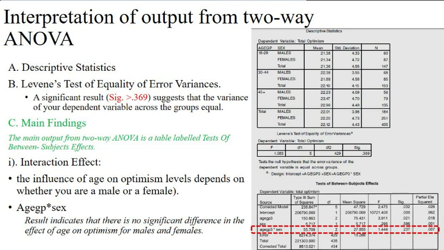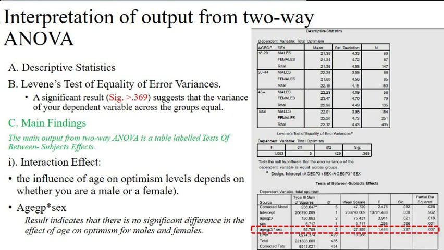But our aim is to check whether it differs further within the group. For example, it is okay that it's differing by age, but within that age group, if we further divide that group into two and then compare, does it differ or not? For that we have to go to this interaction variable highlighted in red, age group multiplied by sex or gender.